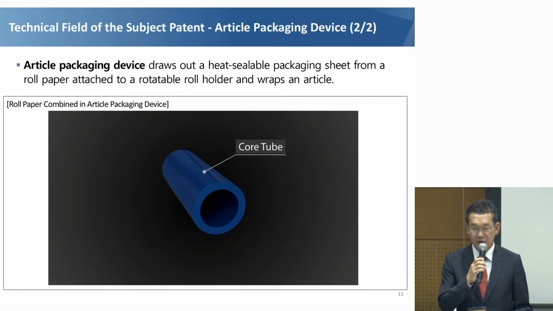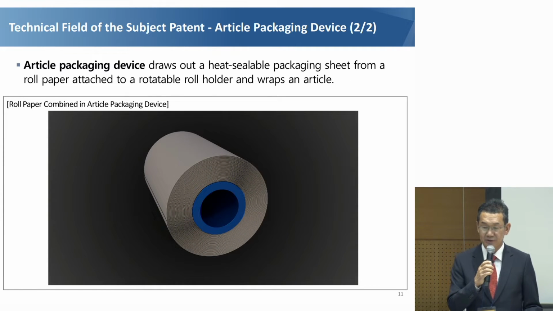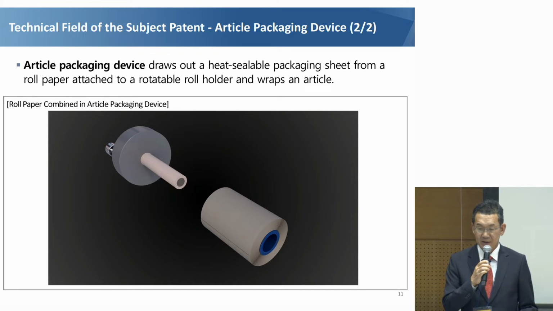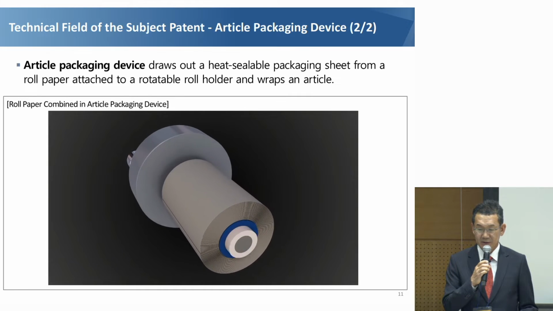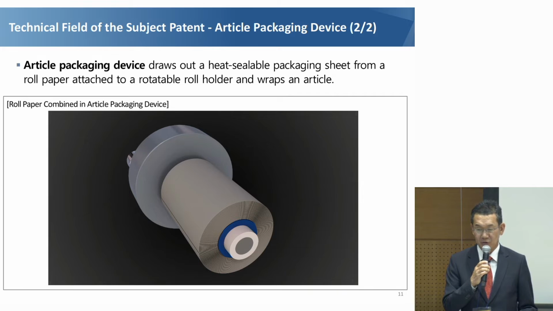I'll show you another animation. This is a core tube, and then a packaging sheet. And then the roll holder is combined into the core tube. That's how the actual product operates.